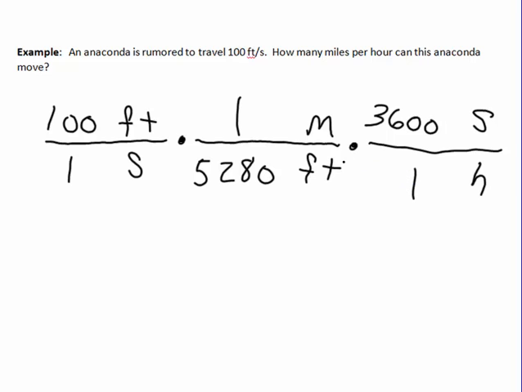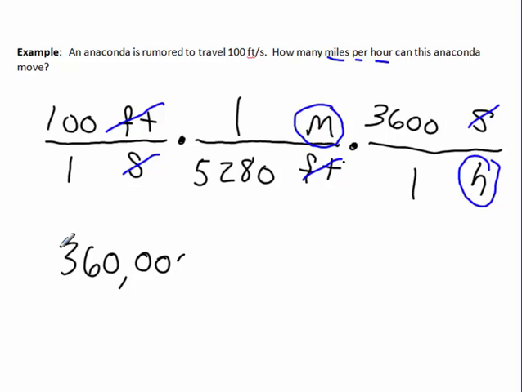So now we can go through and cancel. Feet are going to cancel with feet. Seconds are going to cancel with seconds. And I'm left with miles being divided by hours, which is excellent because I'm looking for miles divided by hours. And again, we're multiplying fractions, so I can multiply across the top and then multiply across the bottom. So 100 times 3,600 is 360,000 divided by, and now multiplying across the bottom, 1 times 5,280 times 1 is still just 5,280.